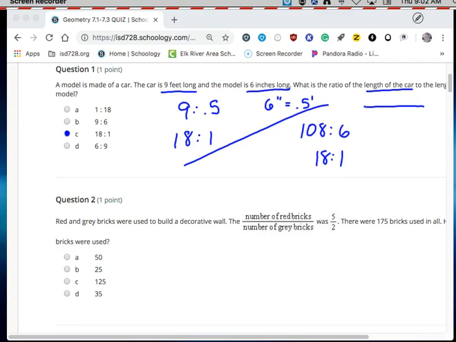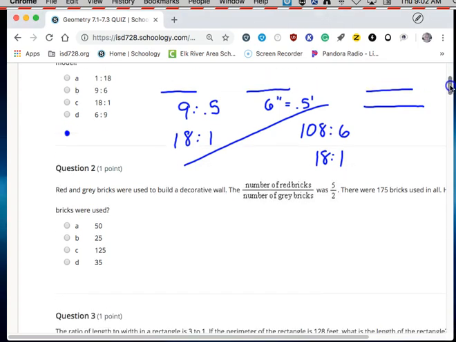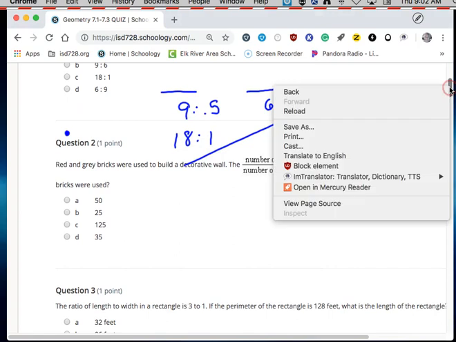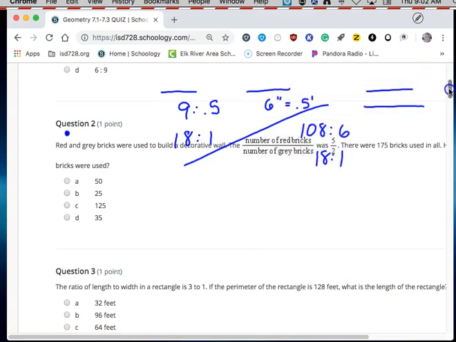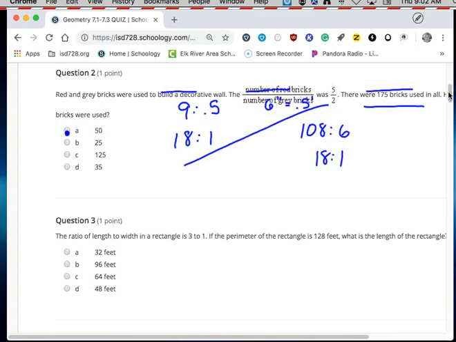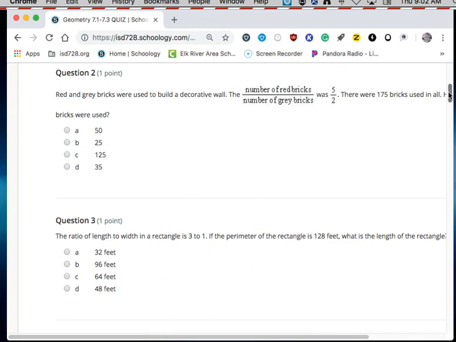Now in question 2, we're talking about red and gray bricks. Red and gray bricks were used to build a decorative wall. The number of red bricks versus the number of gray bricks was 5:2.